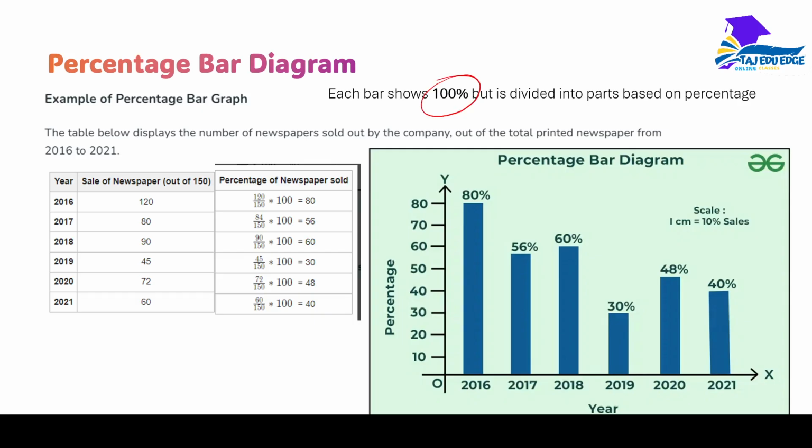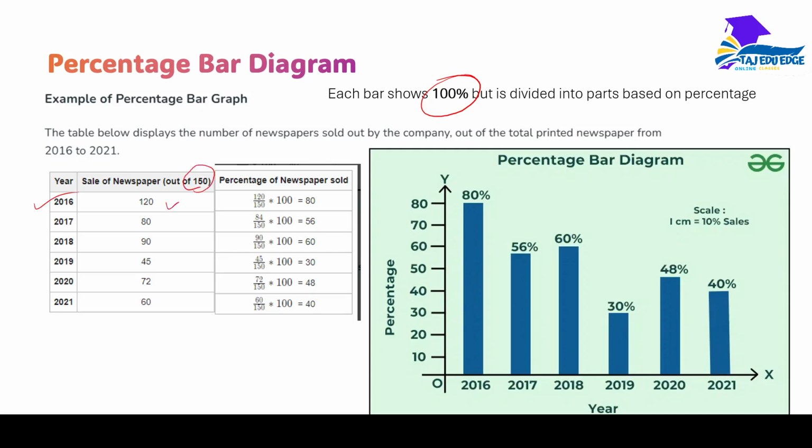The table below displays the number of newspapers sold by the company out of the total printed newspapers from 2016 to 2021. Let's take any one news company. In the year 2016, the sales was 120 out of 150.